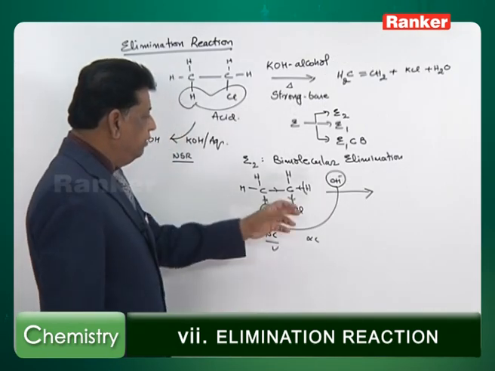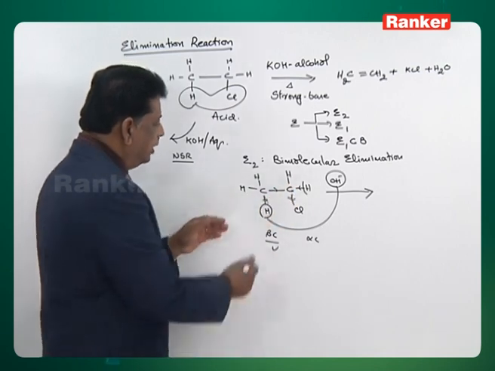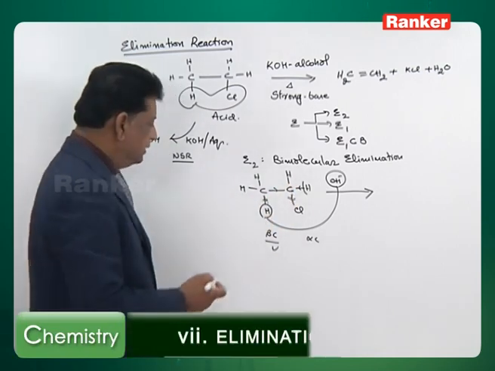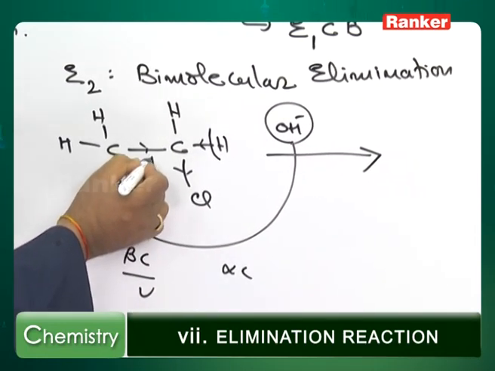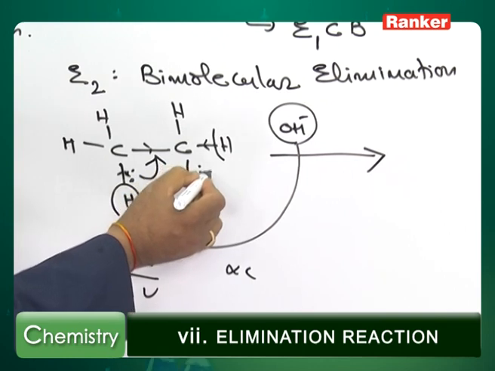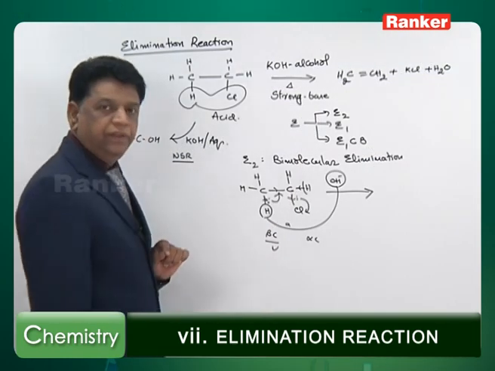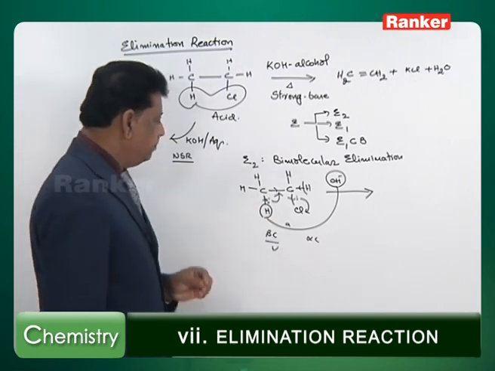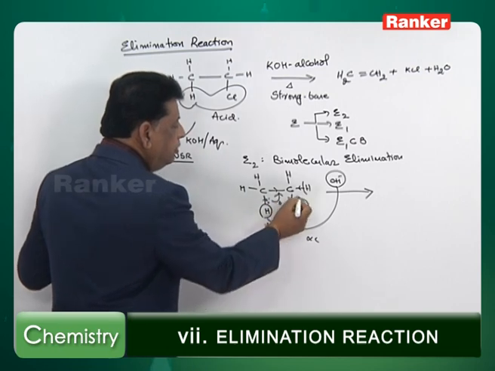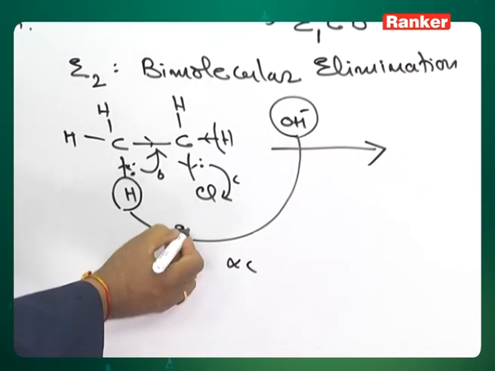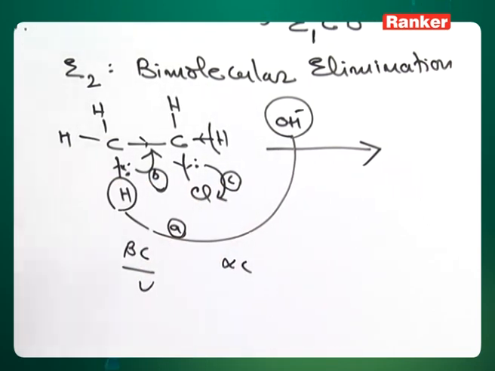That is why, when chlorine is pulling, the carbon will pull and this carbon will pull, the hydrogen will come out as H plus. The remaining two electrons of the bonded electrons will be shifted to this side, and these two electrons are shifted to the Cl. Let us call the removal of the H as step A, the two electron shifting as step B, and these two electrons' withdrawal as step C. This A, B, C will take place simultaneously.